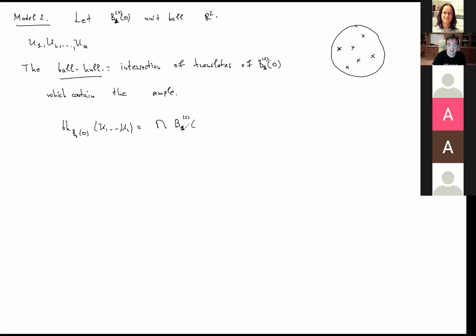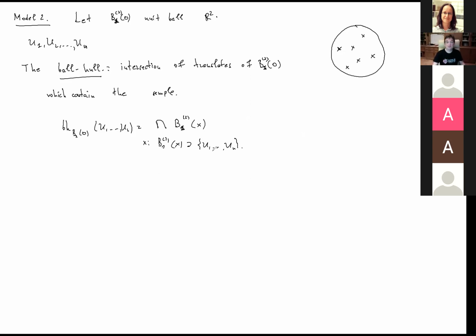So this ball is translated, so it's not centered at the origin anymore. It's centered at some x, and the intersection is taken over all x's such that B^2(x) contains the whole sample.